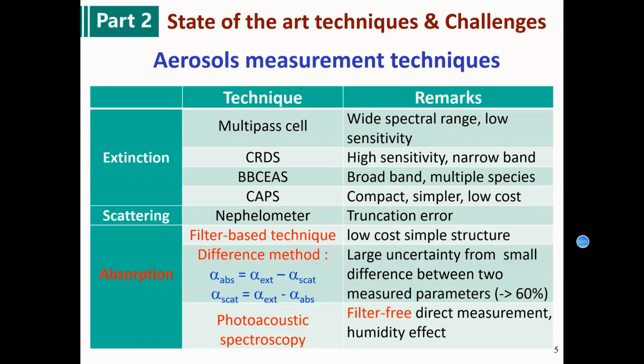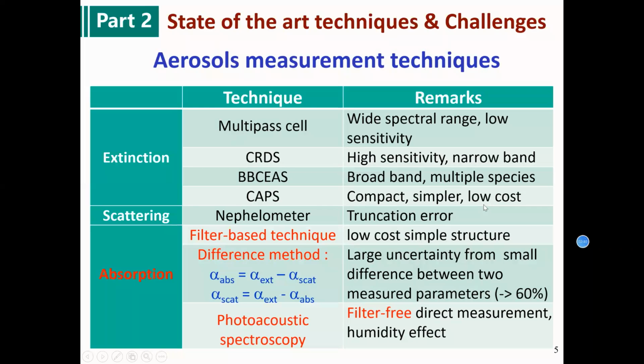For the state-of-the-art techniques and challenges, nowadays, many methods have been developed for the measurement of optical properties of aerosol, including extinction, scattering, and absorption. For the extinction coefficient measurement, multiple-pass cells and cavity-enhanced spectroscopy, including CRDS, BBCEAS, and CAPS, are widely used due to their wide spectral range, high sensitivity, broadband, and low cost, respectively.